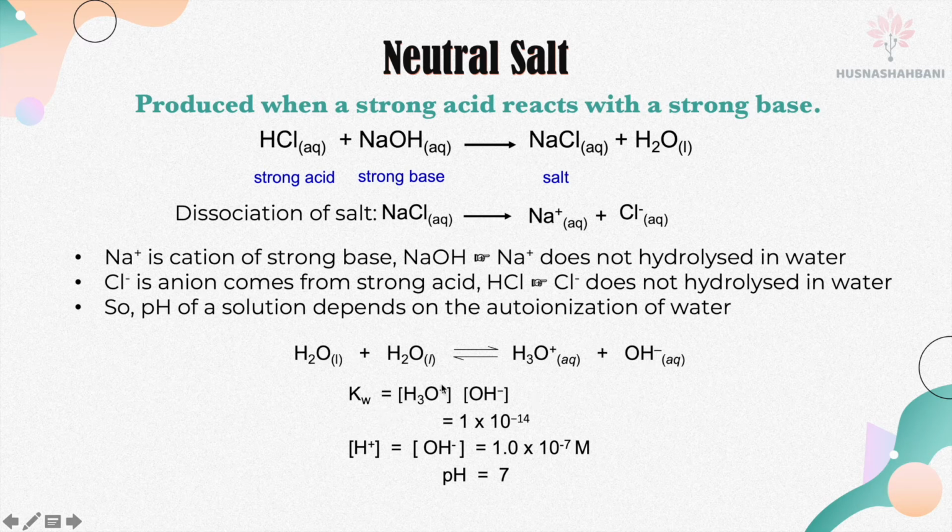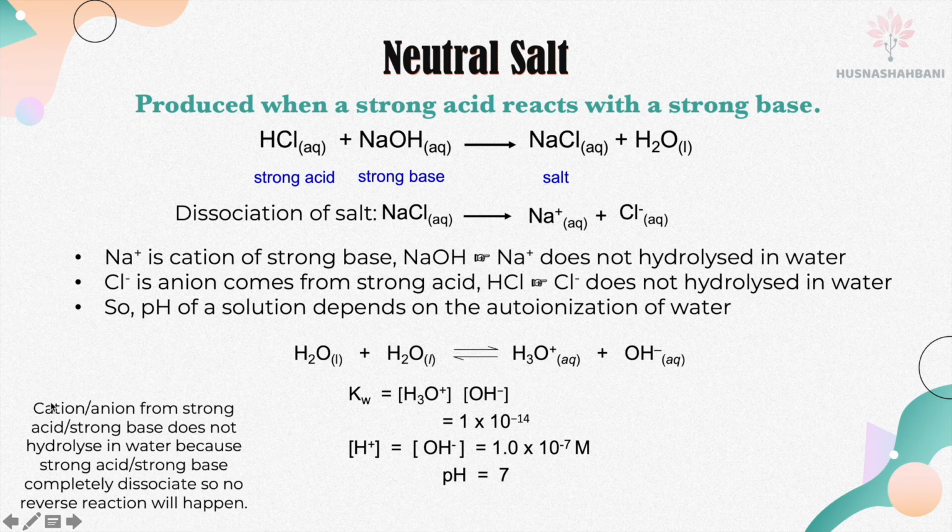You know that the H3O plus concentration equals the OH minus concentration, 1 times 10 to the power of negative 7, because Kw is equal to 1 times 10 to the power of negative 14. So the pH is equal to 7, because both the anion and cation do not hydrolyze in water, as both come from a strong base and a strong acid.